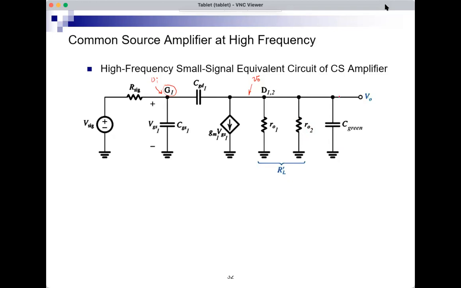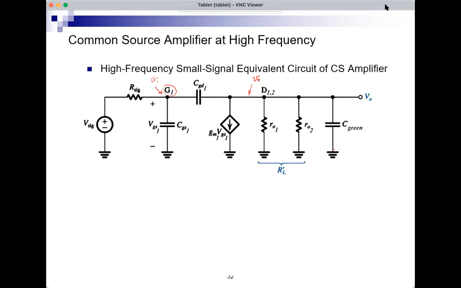That's the small signal equivalent, showing everything we know about low frequency models like R sig, gm vgs, RO1, RO2, and the additional stuff about the capacitors: CGS1 between the input and ground at the gate of Q1, CGD1 between the input and the output, between the gate and the drain of Q1, and C green, the sum of the 3 capacitors.